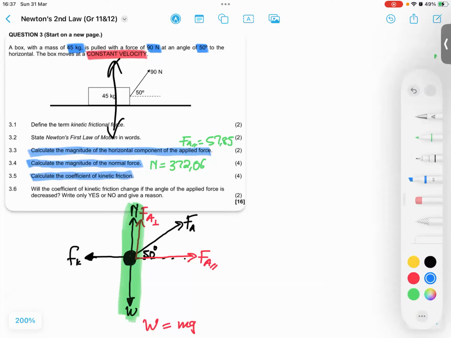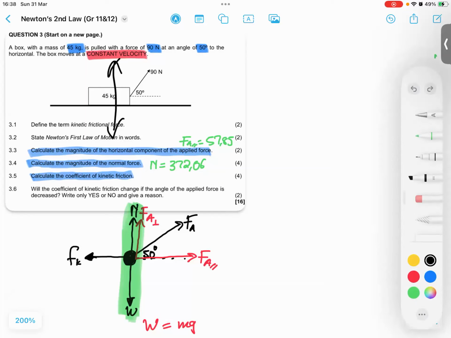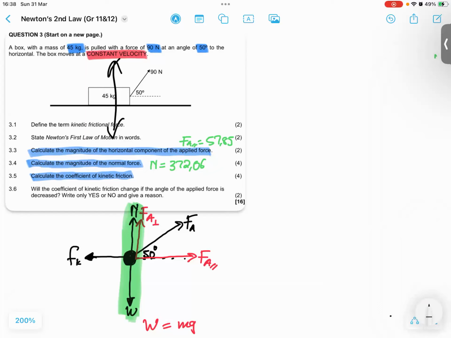And then we know the formula for kinetic friction. For 3.5, the kinetic friction is what? Fk, which is kinetic friction, is equal to the coefficient of kinetic friction multiplied by the normal force, right?